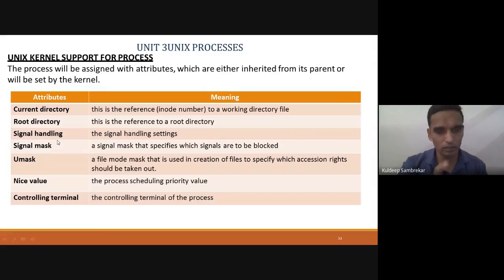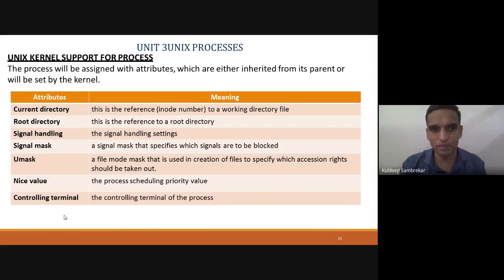Signal handling, this is a concept which we will take in the next unit. But right now just understand that signal handling is like any unavoidable interrupts. Those are given for the parent if they are given, and the same thing goes for the child also. Signal mask: if a parent has to be protected, in the same way the child also has to be protected. It is inherited. You have the U mask.